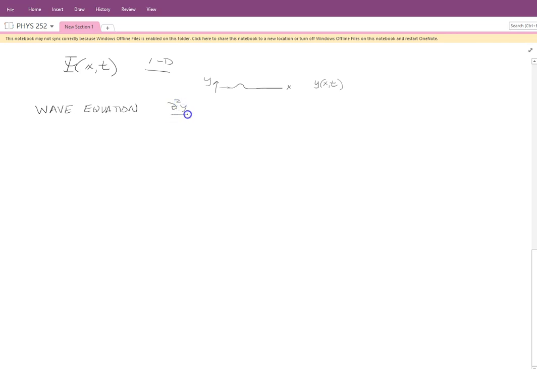The second derivative of y with respect to x is going to be 1 over the speed of the wave squared times the second derivative of y with respect to time. Now these are partial derivatives because y is a function of x and t. Okay, so any wave that's traveling in one dimension will obey a differential equation of this form, where the speed of the wave is that v.